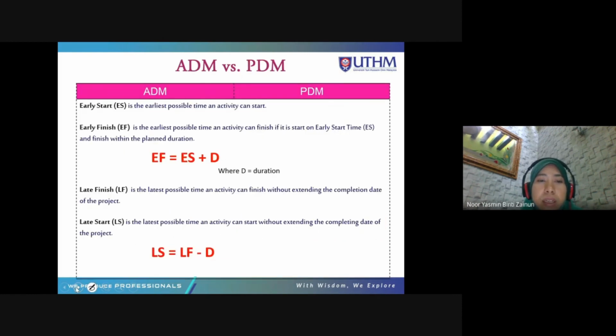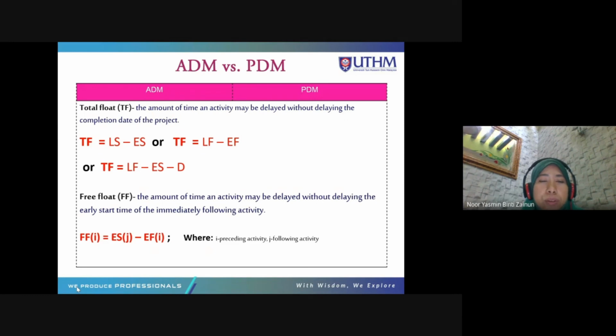All right, and this is the calculation to actually calculate the early finish. So early finish equals early start plus duration, and late start is late finish minus the duration. And total float, you know already, you can actually calculate directly from the late finish minus early finish, and also late start minus early start.